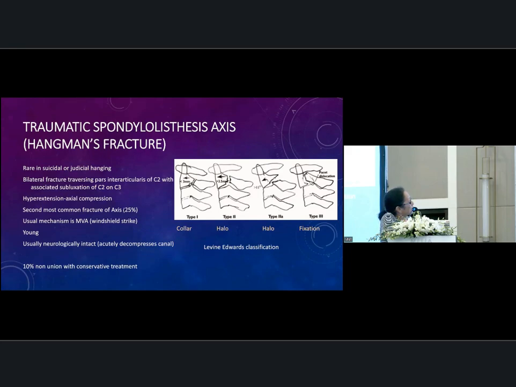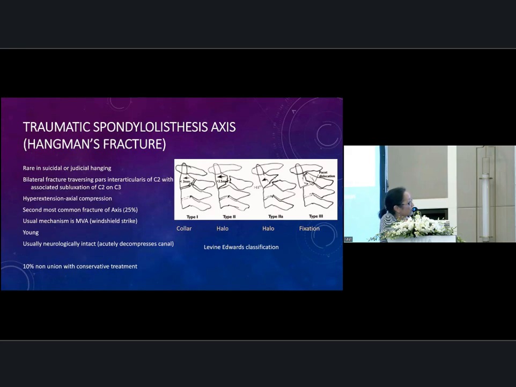It's a hyperextension axial compression mechanism. After the Dens fracture, it's the next common fracture of the axis. Usual mechanism is a young person in a motor vehicle accident. Usually they're neurologically intact because actually the fracture itself affords opening up the canal if there is a minor displacement.